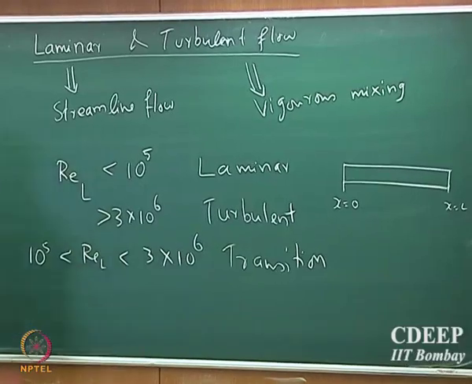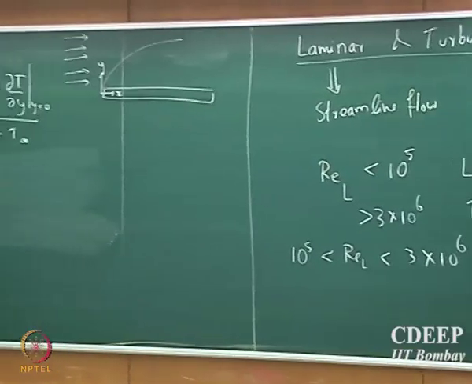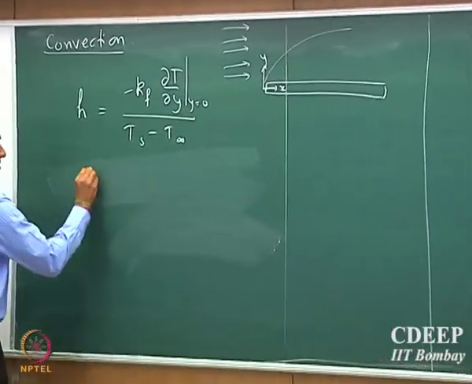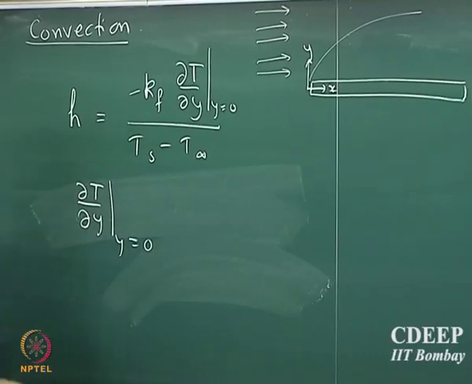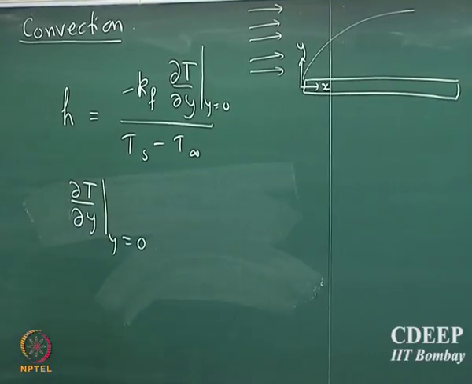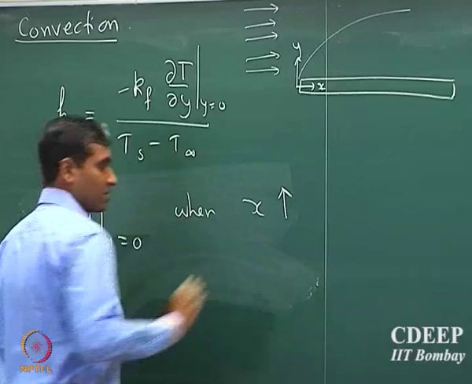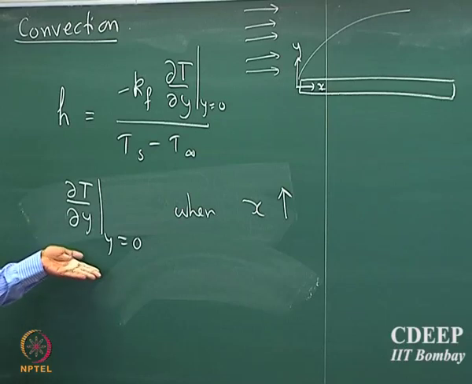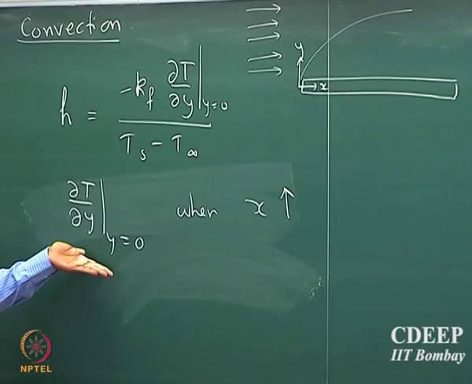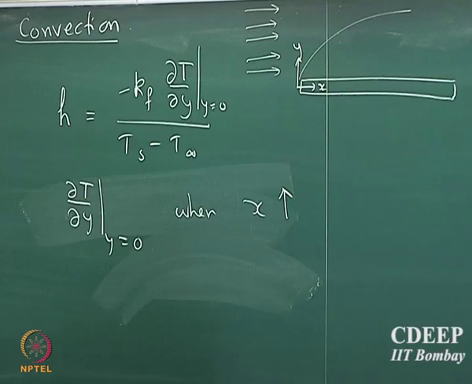Okay, so now supposing I look at the heat transport coefficient expression. What can we say about the gradient as a function of x, as you go along the flat plate? Do you expect the gradient to decrease or increase? Why?